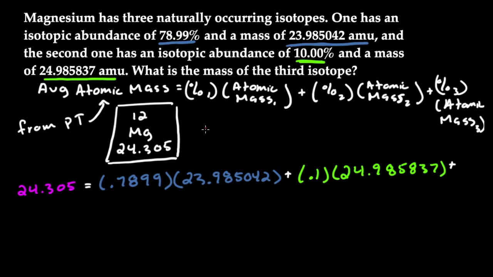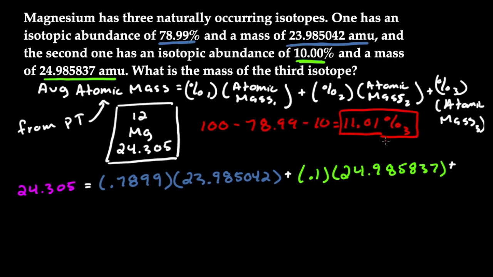So what we can do instead is just take 100, and this is a percentage, and subtract the first percentage here, this 78.99%, and then subtract this 10%, and then what we get left over is this 11.01%. So this is the percentage of the third one that we need.